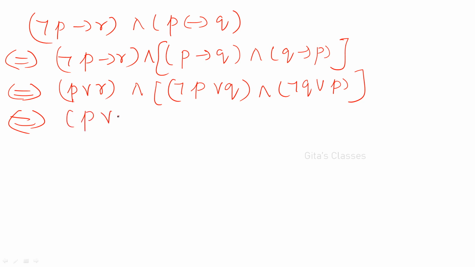I can write it as P or R, and not P or Q, and I can write it as P or not Q using the commutative law.